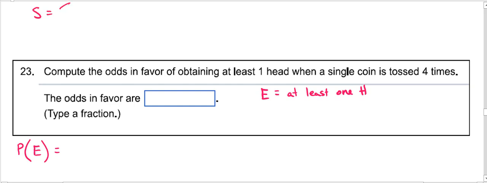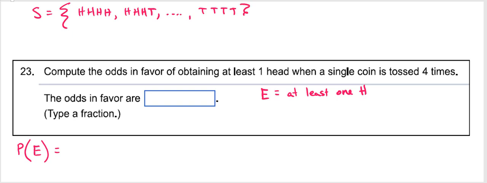On a toss 4 times, you could have head, head, head, head, head, head, head, tail, and so on, all of those different combinations until you got to tail, tail, tail, tail. There would be 16 things in our sample space, because there are 2 outcomes, 2 outcomes, 2 outcomes, and 2 outcomes, and 2 to the 4th is 16.